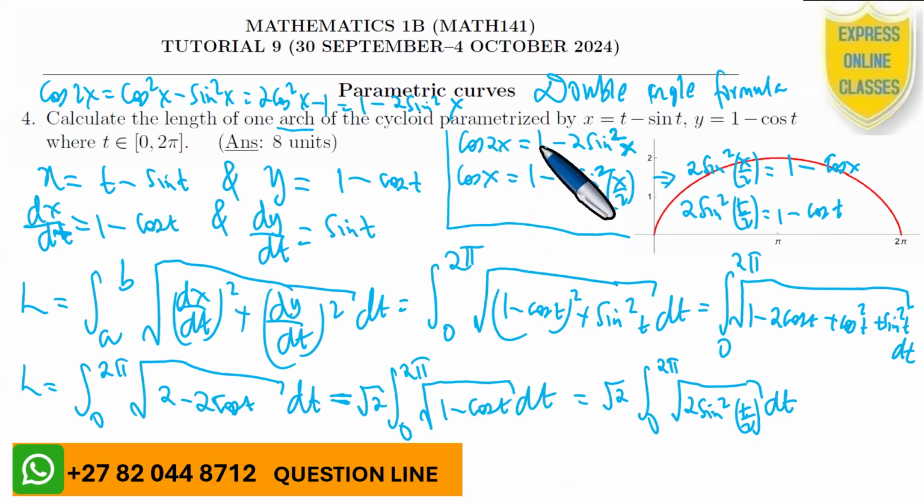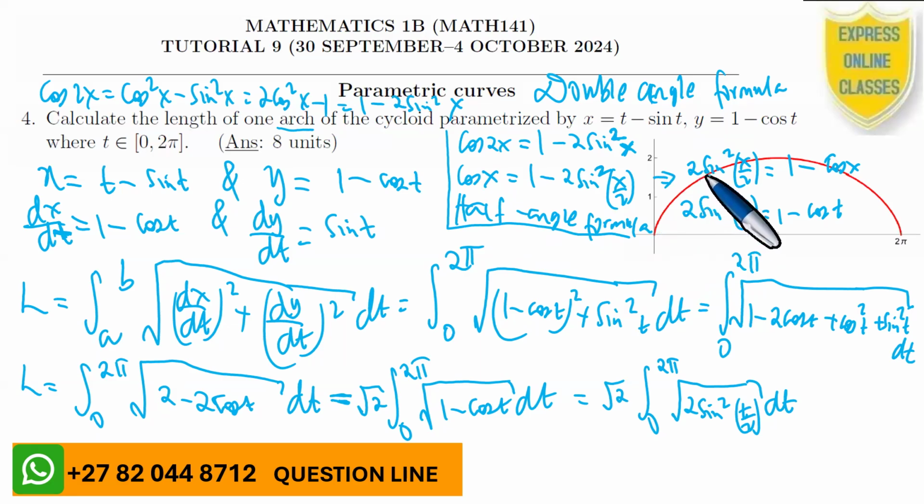So if cosine 2x is 1 minus 2 sine squared x, then what about just cosine x here? It was just half of 2x, because half of 2x is x. So cosine x is half of the x. This becomes what you call a half angle formula, and the one above gives you a double angle formula.